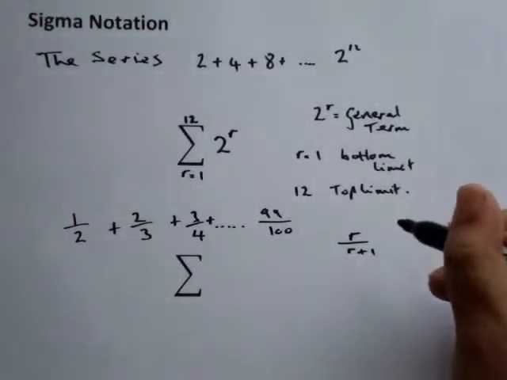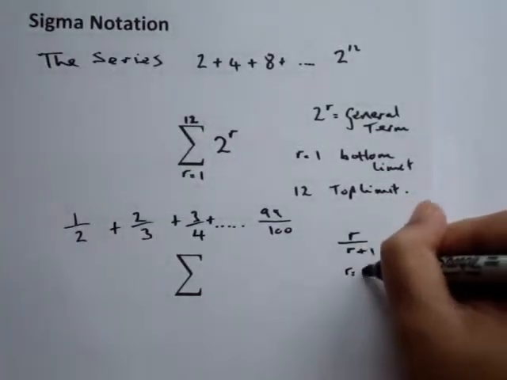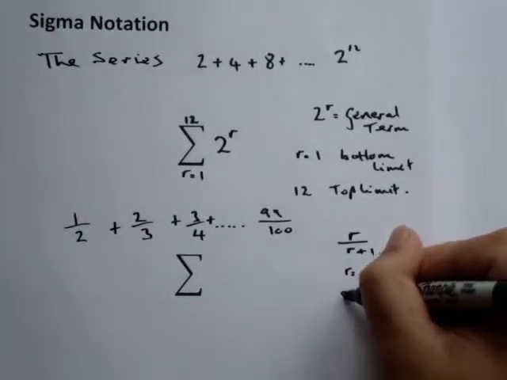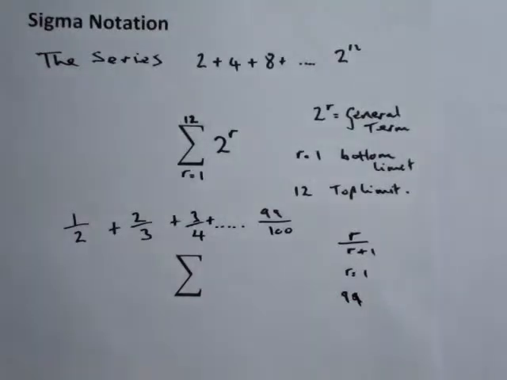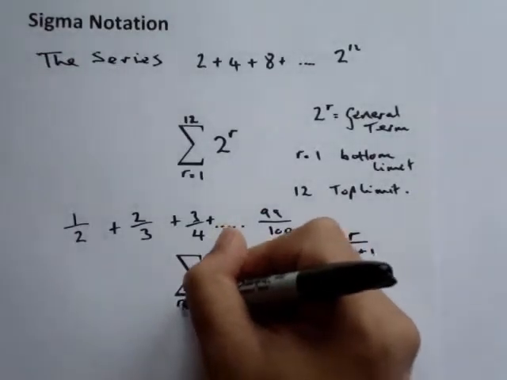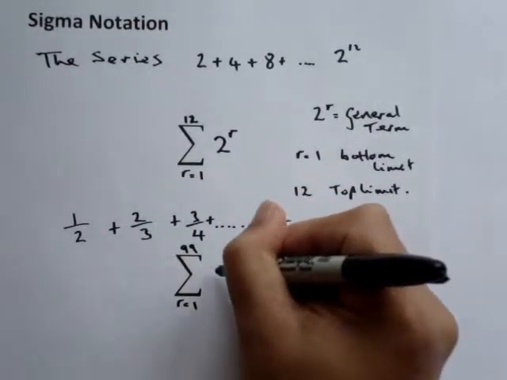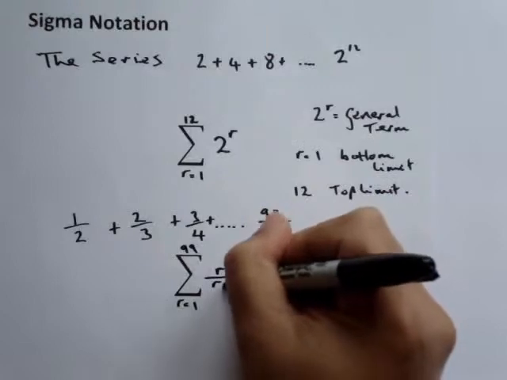Our bottom limit would be 1, and our top limit would be 99. So we'd write this as the sum from r equals 1 to 99 of r over r plus 1.